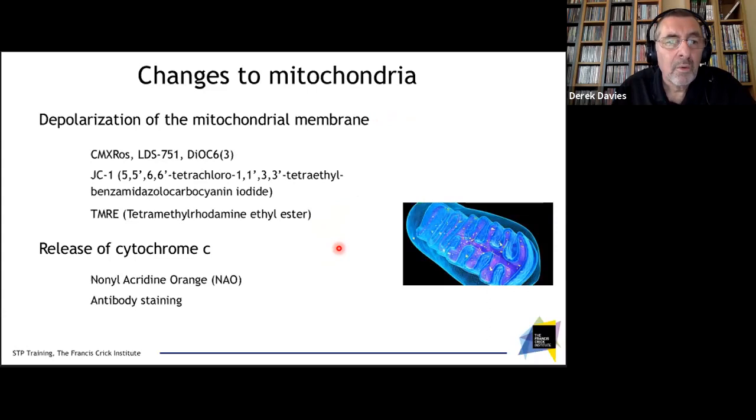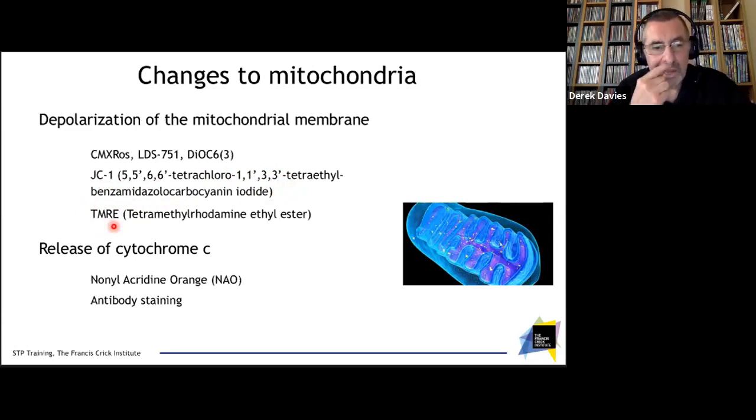So one of the ways that I like to look at apoptosis is to look at the changes in the mitochondrial membrane potential. And there are several different dyes that we have at our disposal to do that. There's the CMX dyes from Molecular Probes. There's a dye called LDS751, a dye called JC1, and this is its chemical name, which is why we abbreviate it to JC1, and one that I quite often use called TMRE.